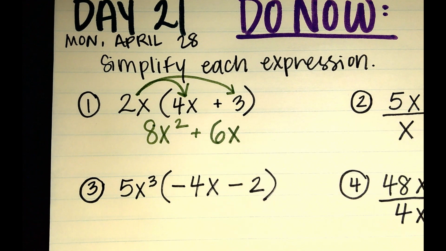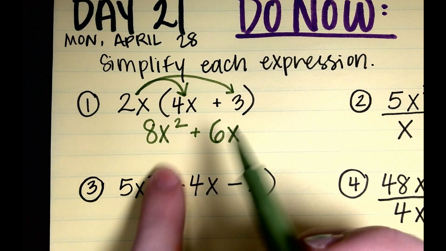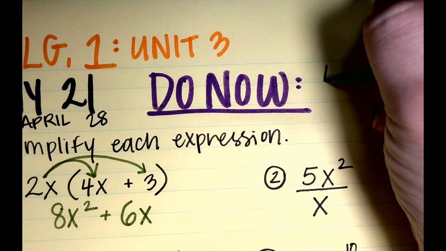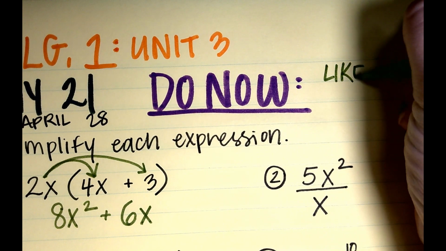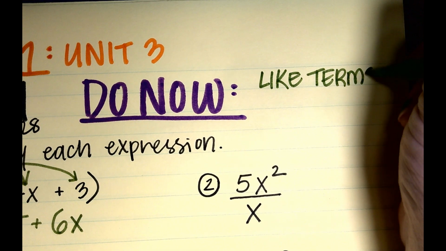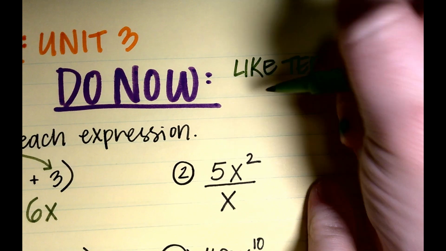The exponent, this is where it gets really tricky. So remember, like terms, I'm going to write this definition one more time. Like terms, they need to have the same variable and the same exponent.